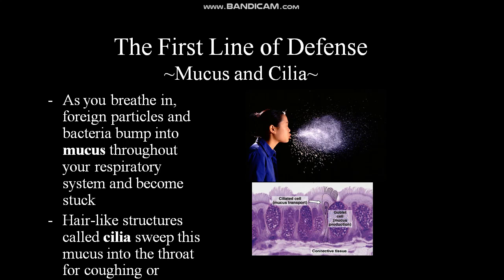Hair-like structures called cilia sweep this mucus into the throat for coughing or swallowing. You are familiar with the various types of hairs present in our nostril or nasal cavity. They propel particles and stop them from entering inside the body.